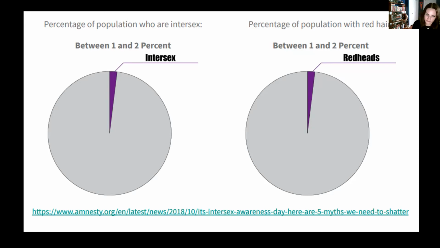When we scale biological sex diversity, which we of course can't know about people unless they share it with us, to something we're all familiar with, a person with red hair, we see how many people we're potentially missing when we reduce sex estimation to a binary division of male or female.